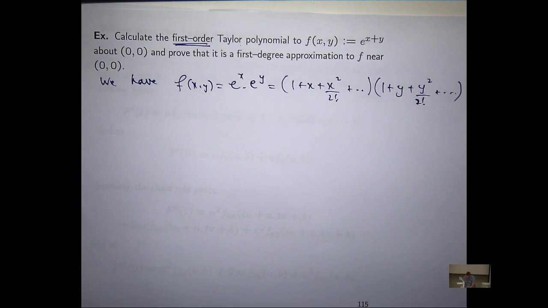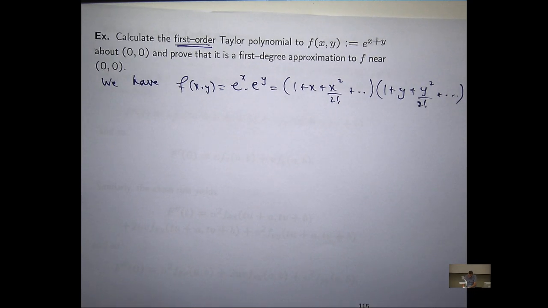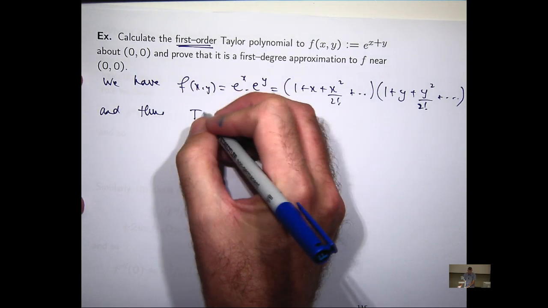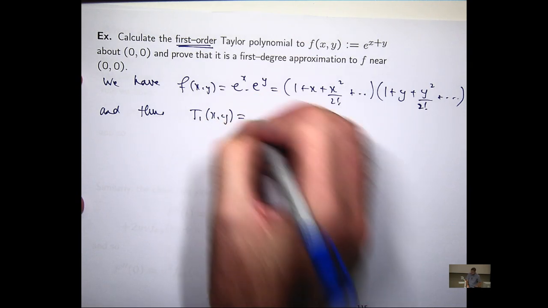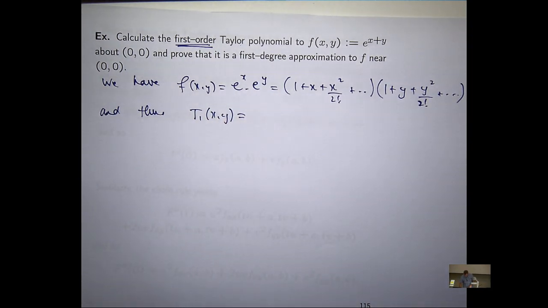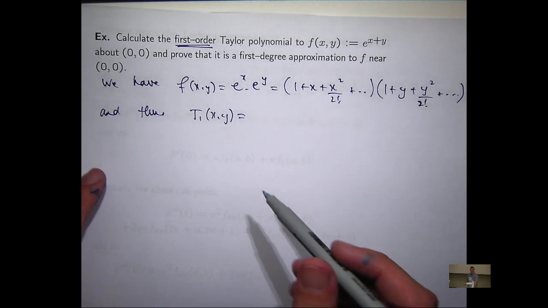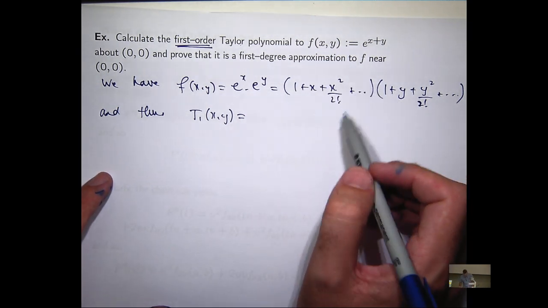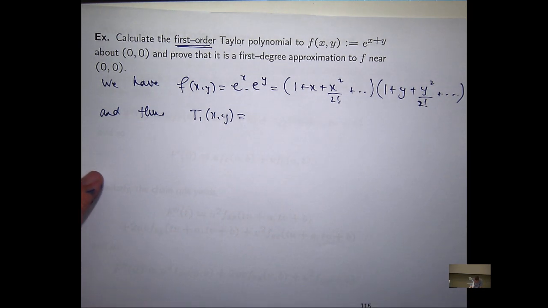Now all I want to do is pick out those terms from that product that give us the first order Taylor polynomial, T sub 1. So what am I going to do here?